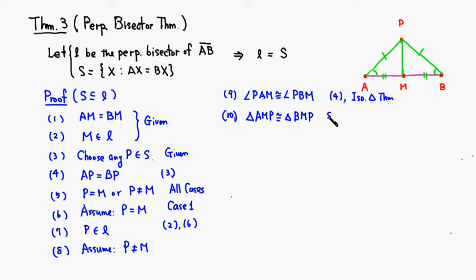For the sides, we have AM and BM equal to each other, so it's 1. So this is equal to that. The angle would be here, line number 9, basically the angle there and the angle at B. Then the side would be AP equals BP, so line number 4.